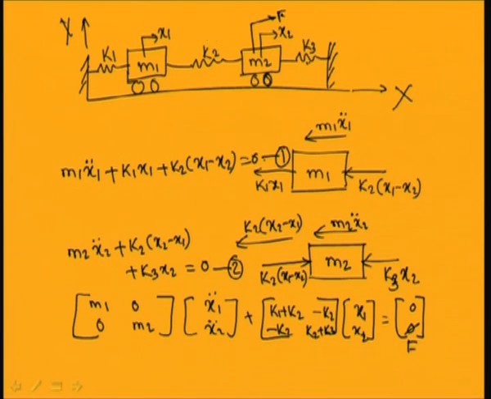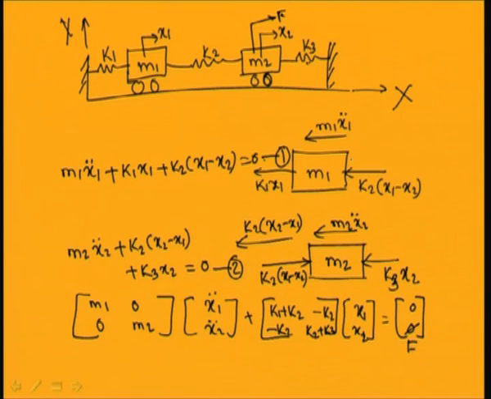So the spring will have a net displacement of x1 minus x2, and you will have a force k2 into x1 minus x2 acting on mass m1 in this direction, and in the opposite direction it will act on mass m2. So you can see that the net force acting on masses m1 and m2 by the spring k2 will be equal to 0. After drawing the free body diagram, the summation of all the forces will be equal to 0.